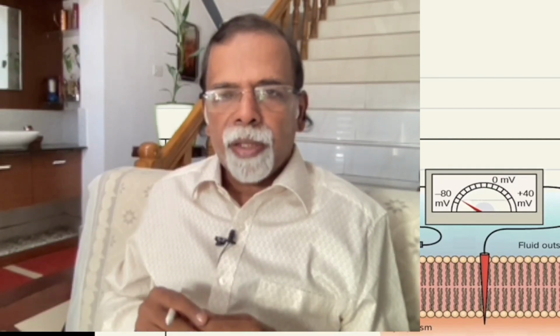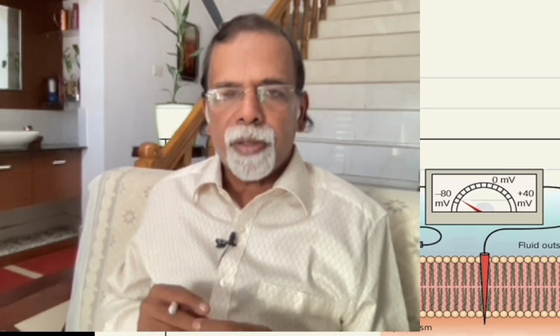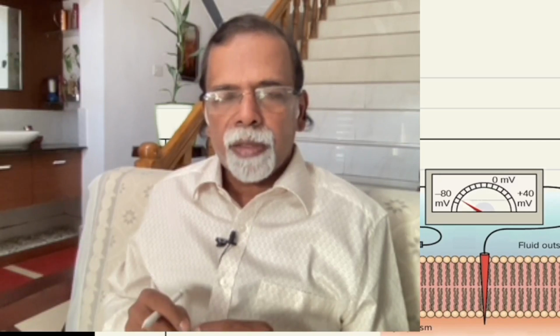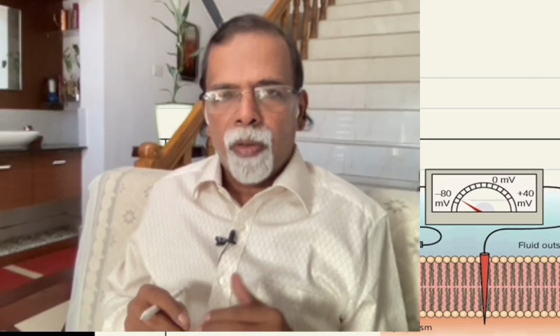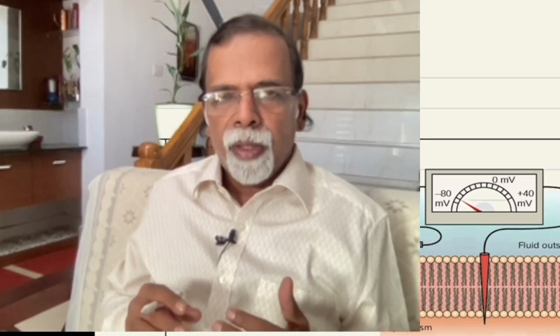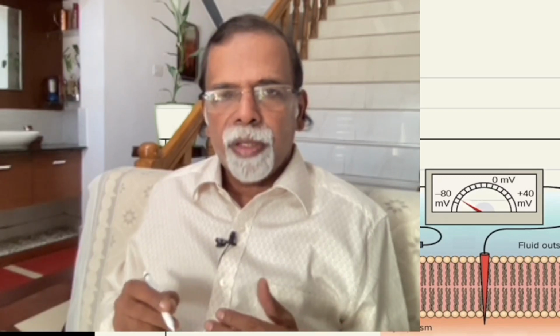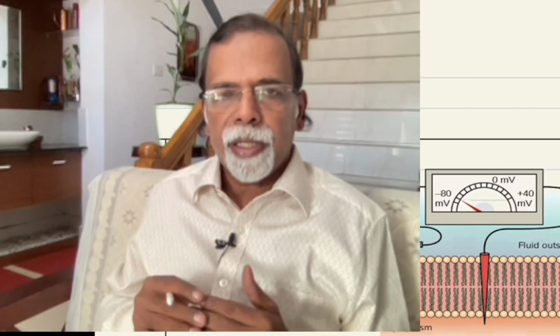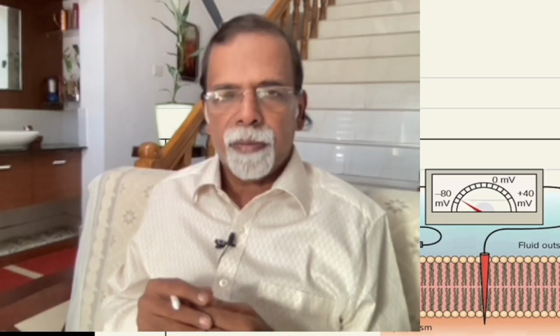If you use a microelectrode as shown in this picture, the recording electrode is kept inside the cell and the non-recording electrode outside. There is a potential difference between outside and inside, inside being negative compared to outside.